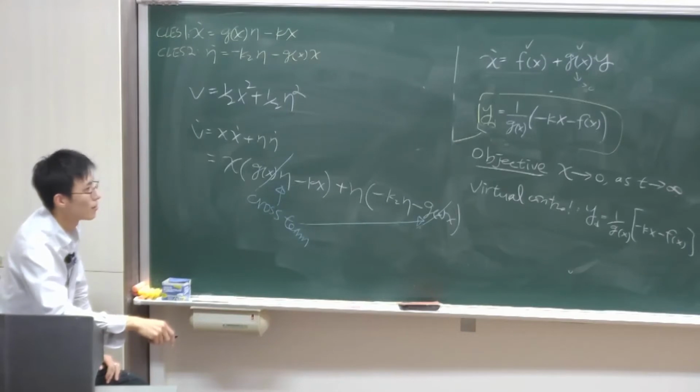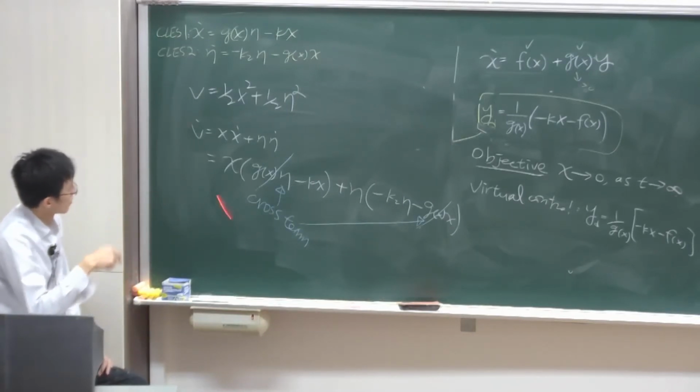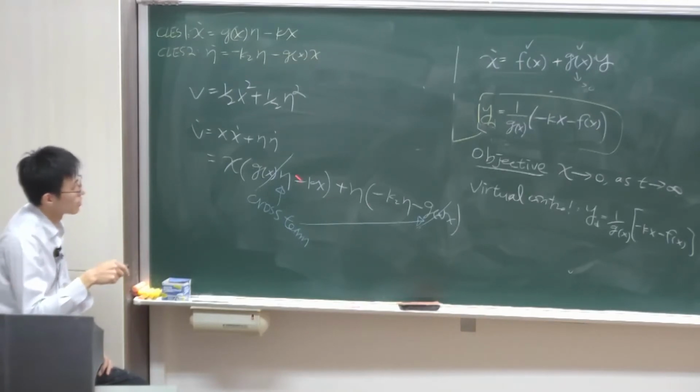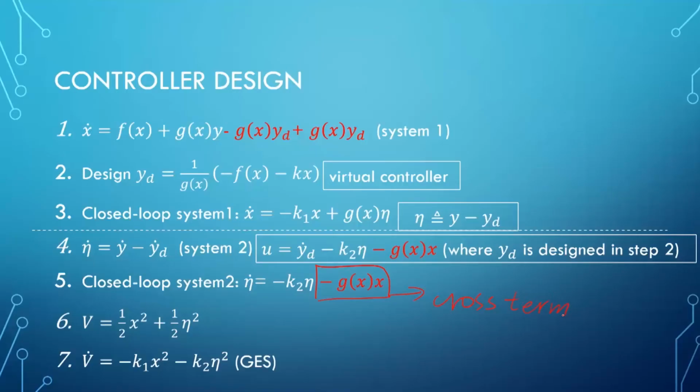When you actually design the controller, you need to go backwards: go into the stability analysis and complete the design later. So in the controller, you have the feed-forward term, yd dot, which is the information of the desired trajectory. The second term is the control feedback, minus k times the error signal. And this term is the cross term. So you have 3 different terms for 3 different purposes.